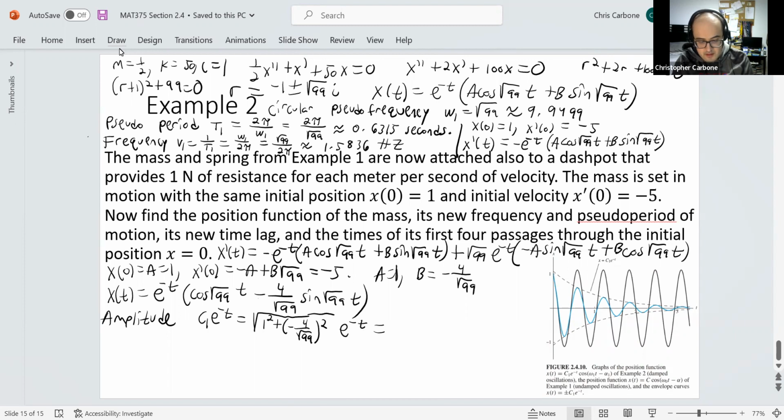So that makes the square root of 115 divided by the square root of 99 times e to the negative t.